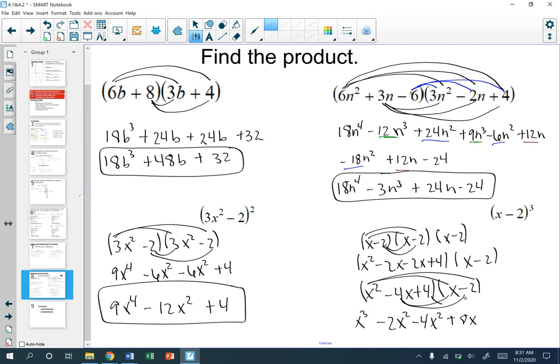And then 4 times x is plus 4x. And 4 times negative 2 gives me negative 8. Again, combine your like terms. x cubed, negative 6x squared, plus 12x minus 8.